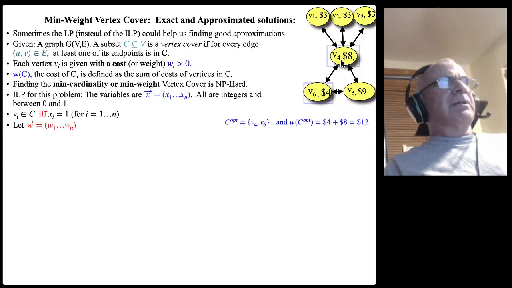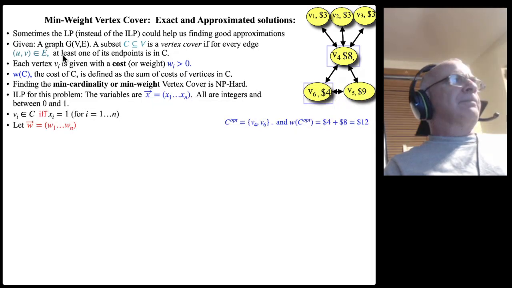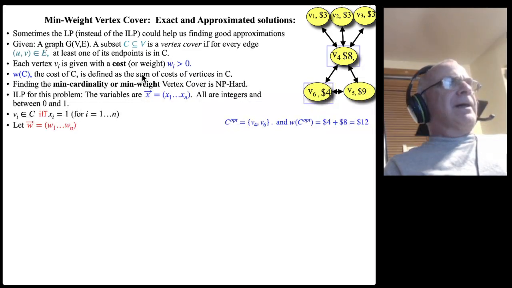For example, v4 will cost $8, v1 will cost $3, and so on. I'll denote by wc, namely the cost of the cover, the sum of the costs of the individual vertices in the cover, and we look for the cover which costs as little as possible, obviously.